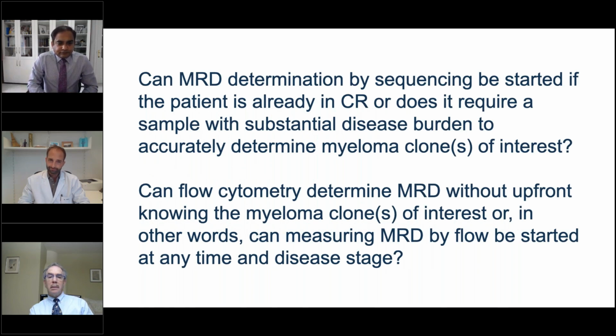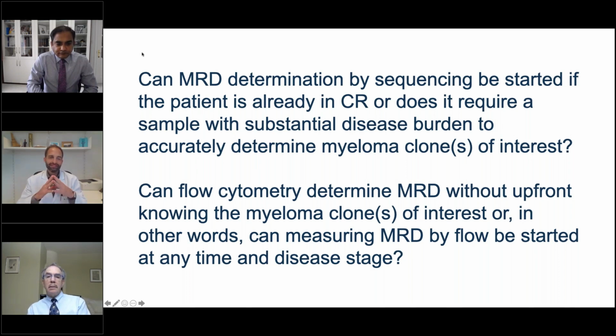Can MRD determination by sequencing be started if a patient is already in complete remission, or does it require a sample with substantial disease burden to accurately determine myeloma clones of interest? There is a sub-question to that. Can flow cytometry determine MRD without upfront knowing the myeloma clones of interest? Or in other words, can measuring MRD by flow be started at any time in disease state?